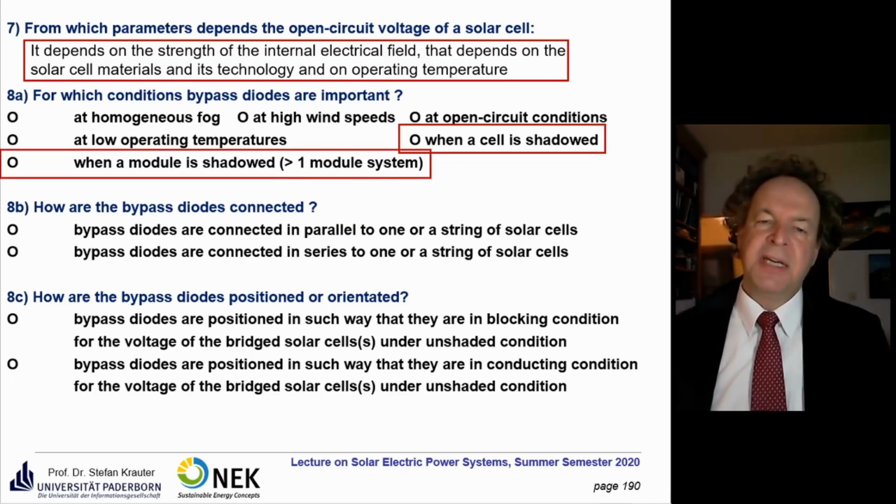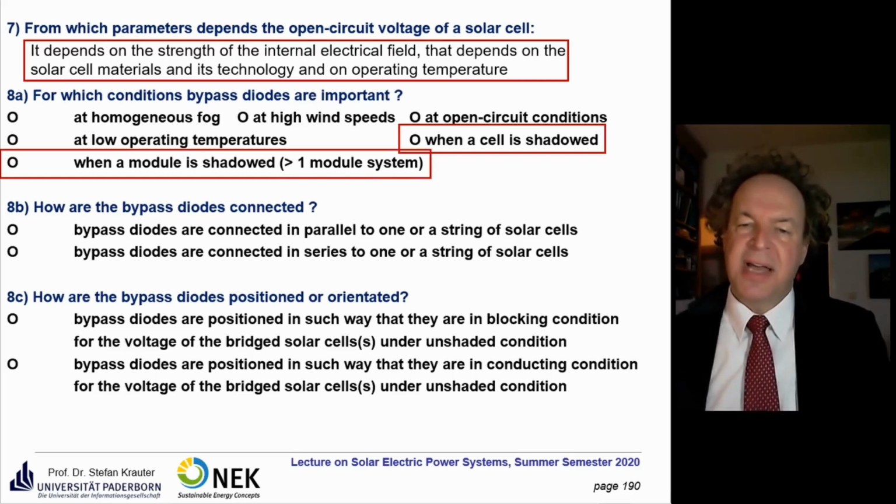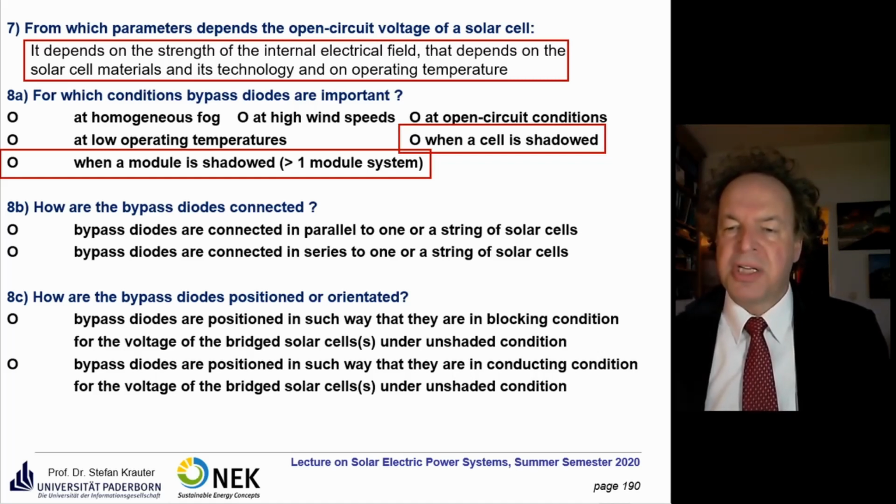Next question, 8b. How are the bypass diodes connected? Bypass diodes are connected in parallel to one or a string of solar cells, or bypass diodes are connected in series to one or a string of solar cells.